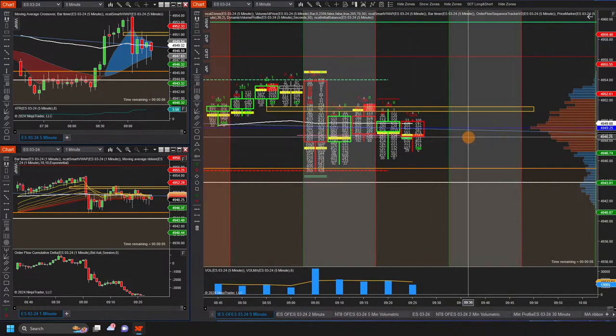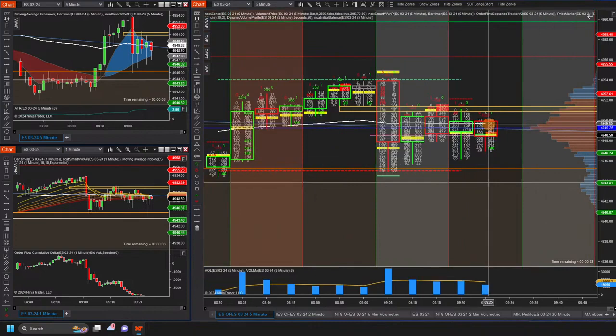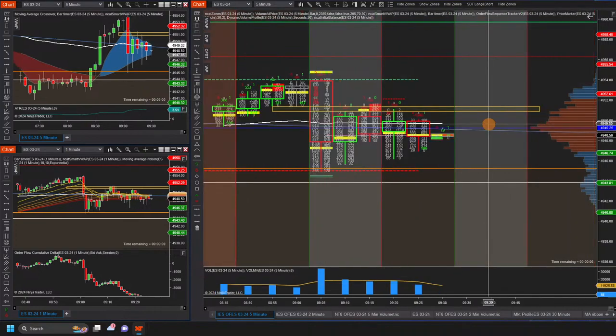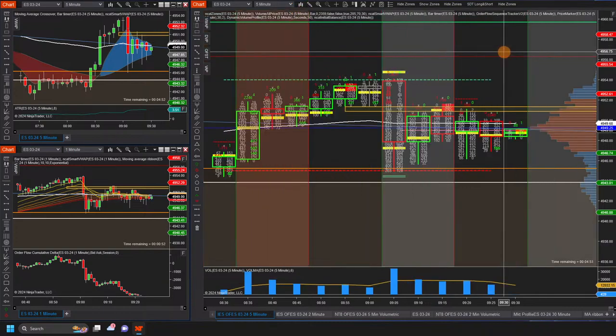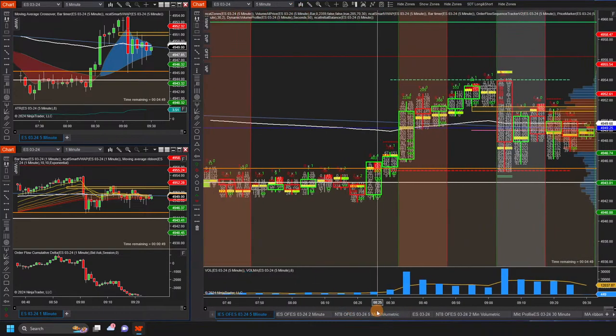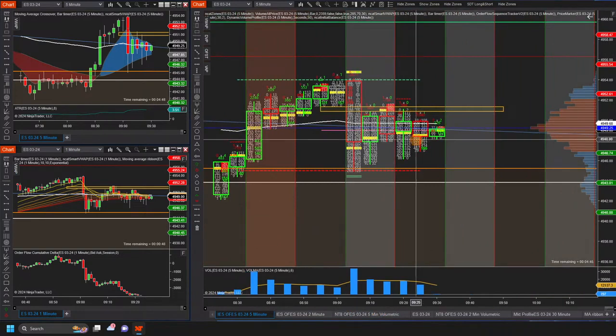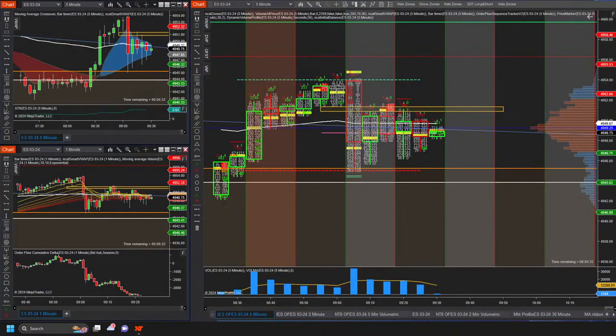That's it. We got a little wedge forming here.